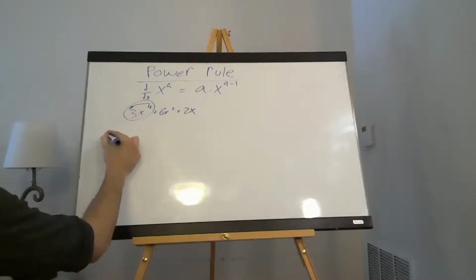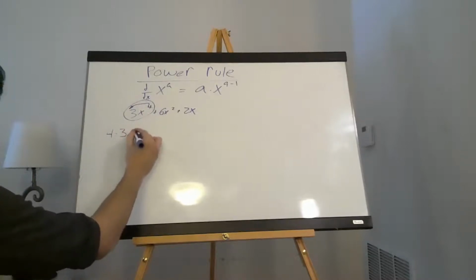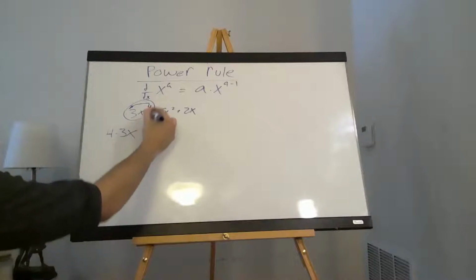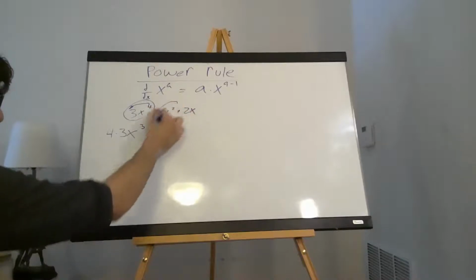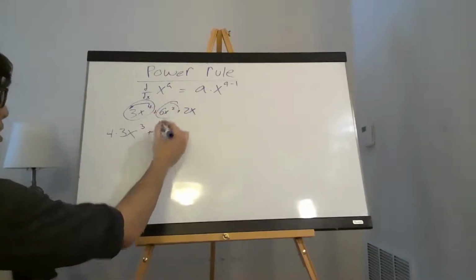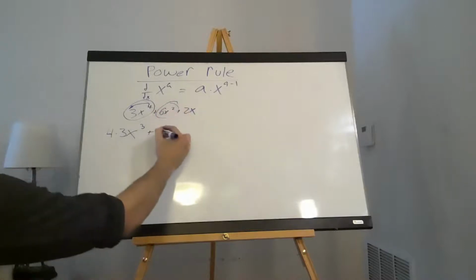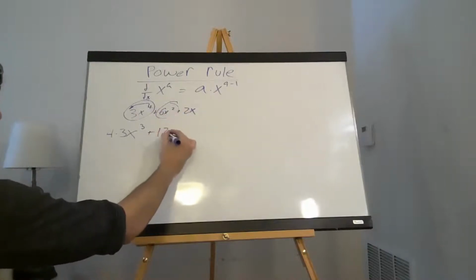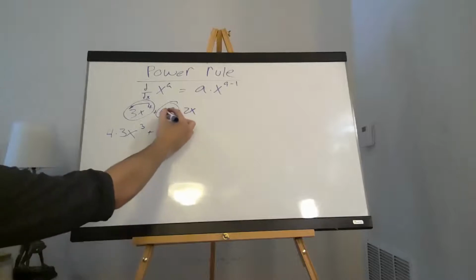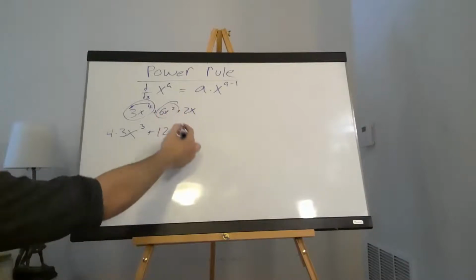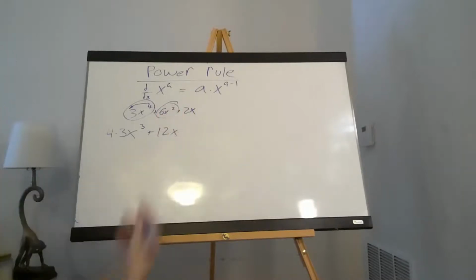So now we've got 4 times 3x, and 4 minus 1 is 3. Plus, we take the 2, multiply it by the 6, which gives us 12x, and then reduce the power of x by 1, which just gives us x, because anything to the first power is itself.